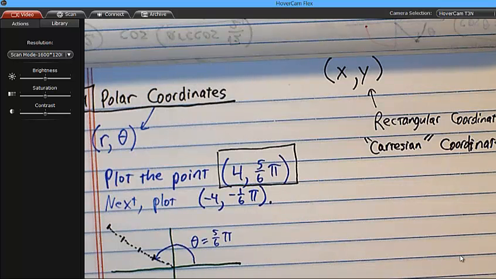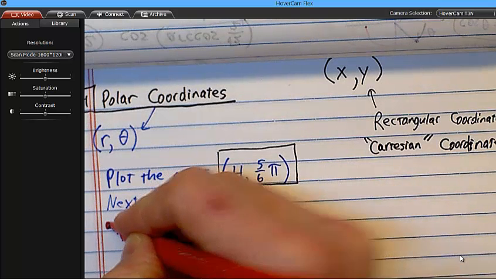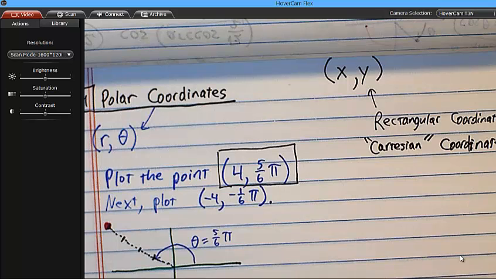Are you guys with me on that? Mm-hmm. So this point right here, whatever that is, is the point 4, 5/6 pi. Do you guys understand? Okay. I'm going to pause and let you plot the next one. Ready? Go.